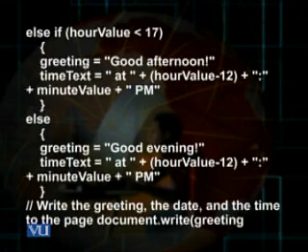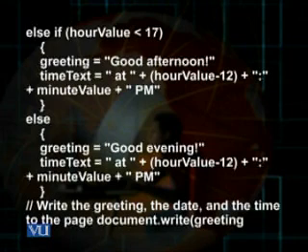You can see the greeting variable now has its value good evening. So therefore, when the time bracket is between 5 o'clock in the afternoon and 12 o'clock at night, then within this time bracket, the greeting message should be good evening, and time text should be at plus R value minus 12 plus colon plus minute value plus PM.